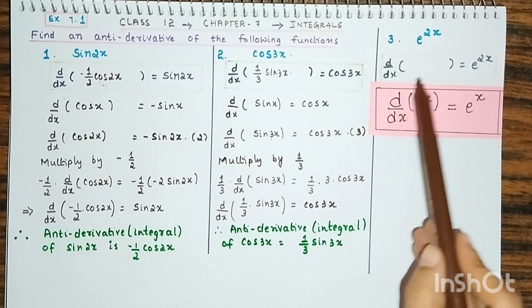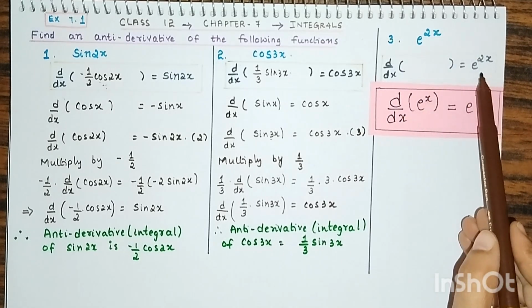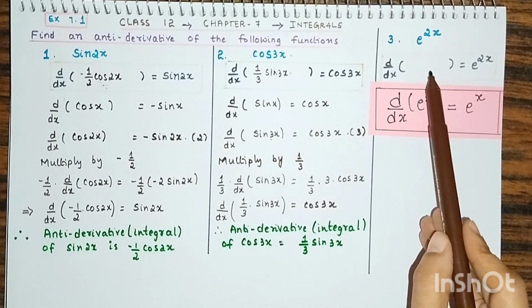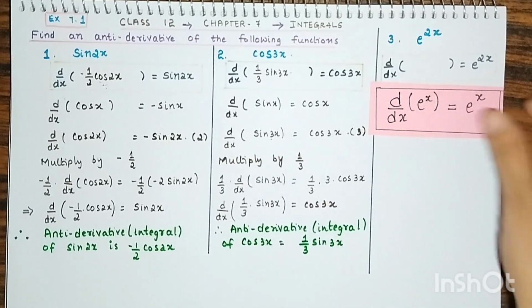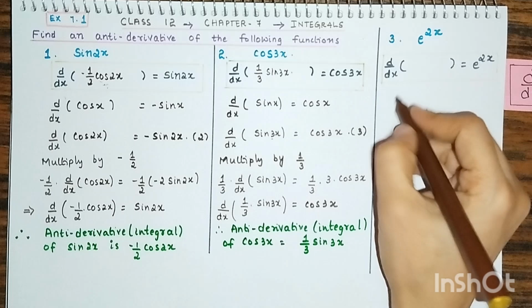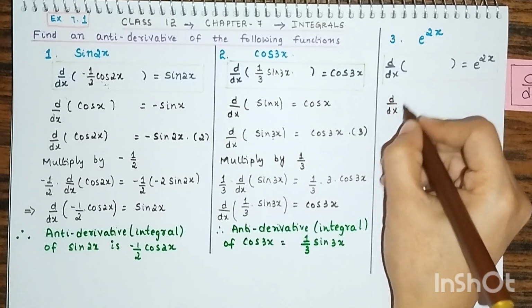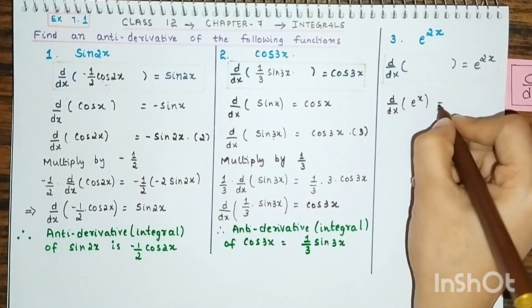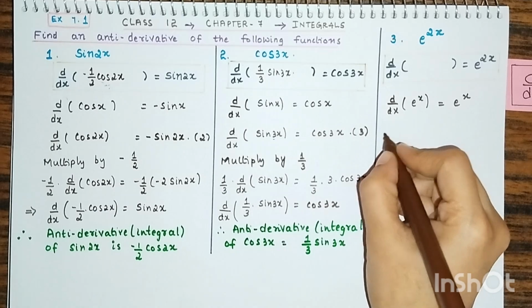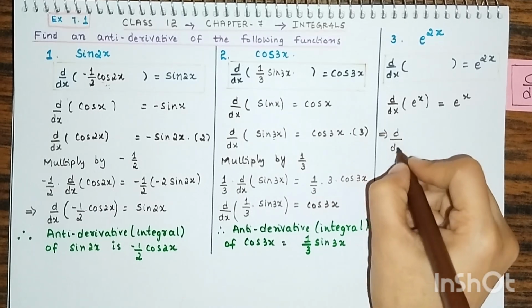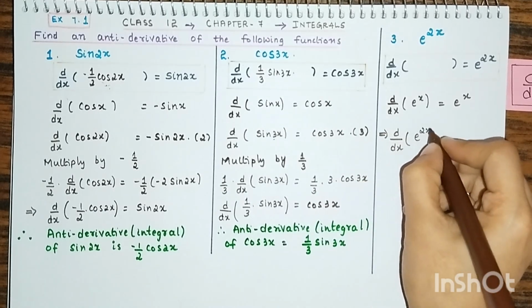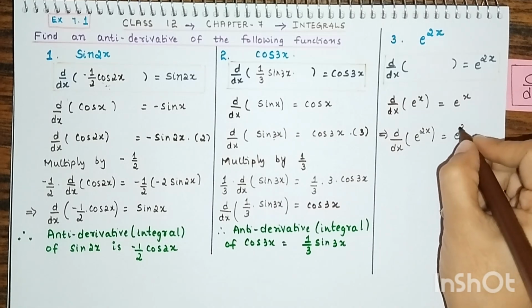So d by dx of what we have to write here, so that we will get the same thing, we have to write e to the power 2x. So this is a foundation for us. Let us write down that d by dx of e to the power x is e to the power x. So this implies d by dx of e to the power 2x will be e to the power 2x.